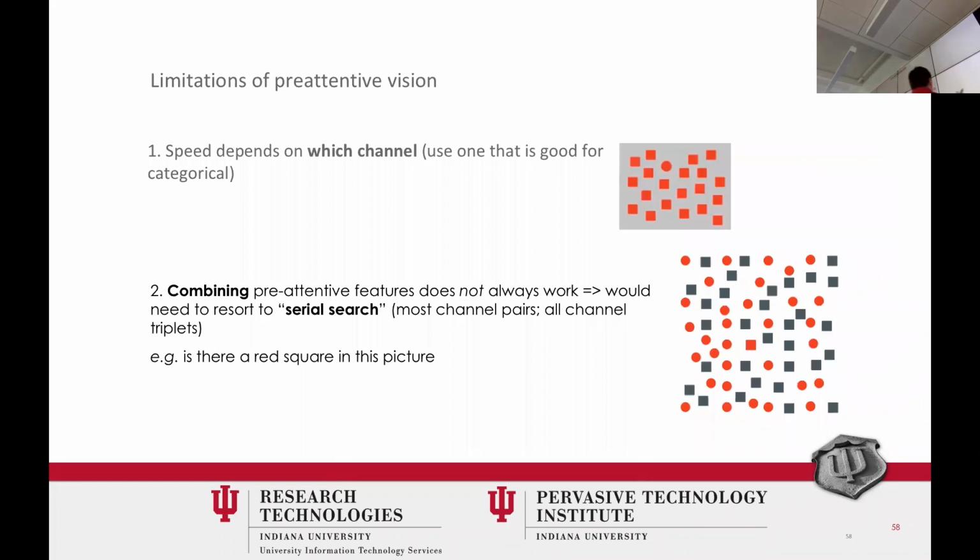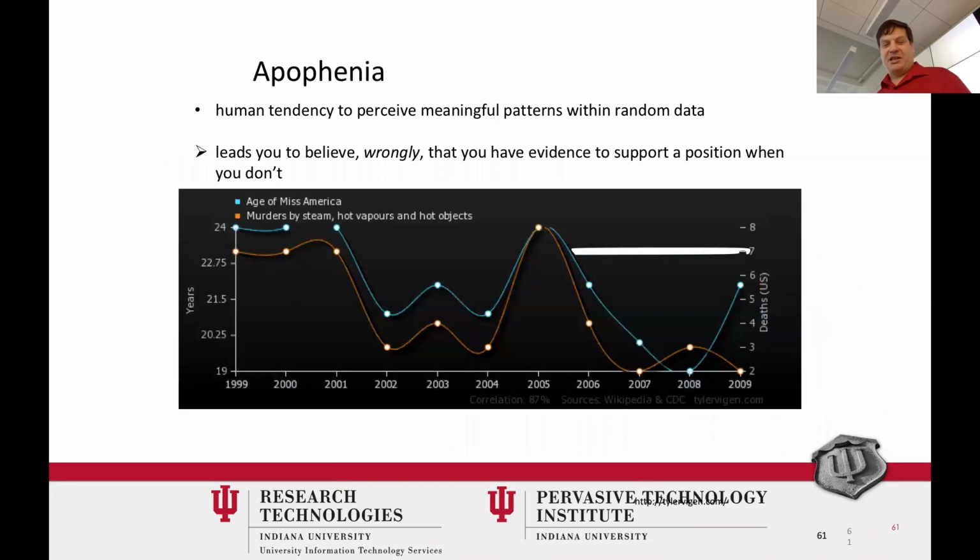There's one red square and it's hard to find maybe. I mean, I know where it is, so it's right there. But because there's too much information, there's too much disparate information, it makes it harder to find. So these are the kind of things that we want to watch out for when we're doing visualizations. And then one or two more slides here on comprehension.